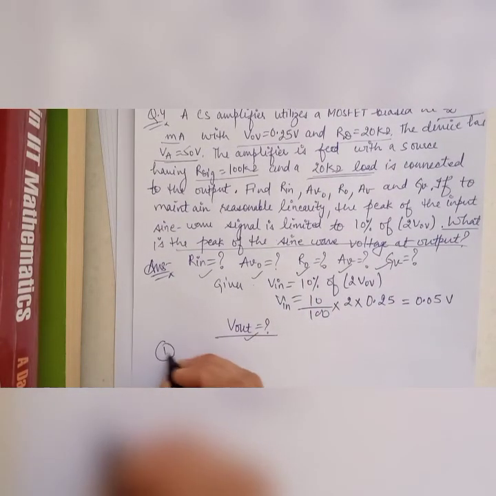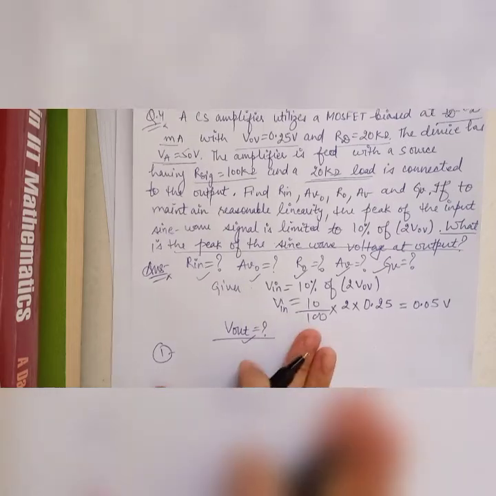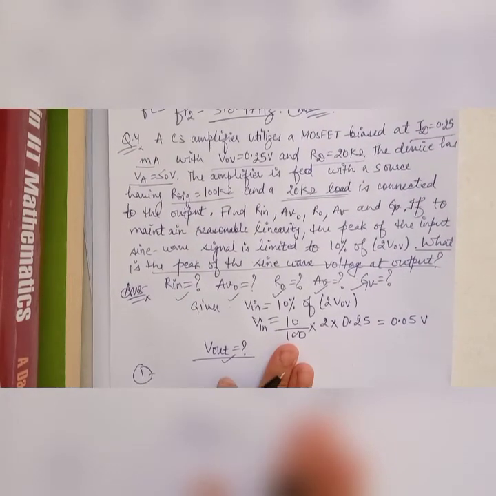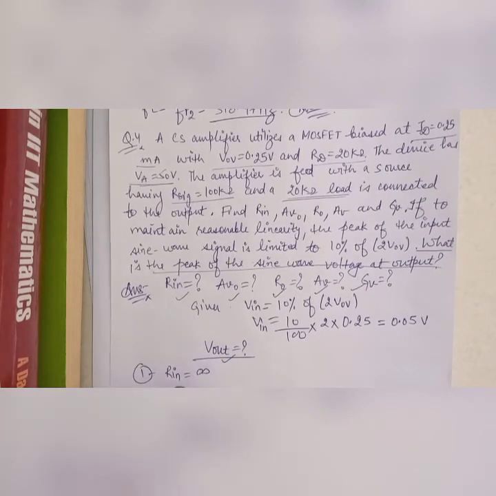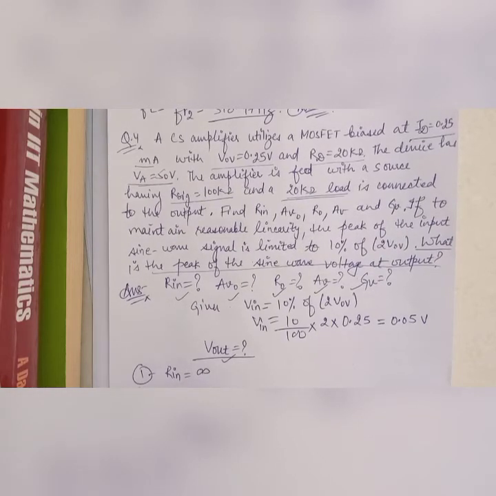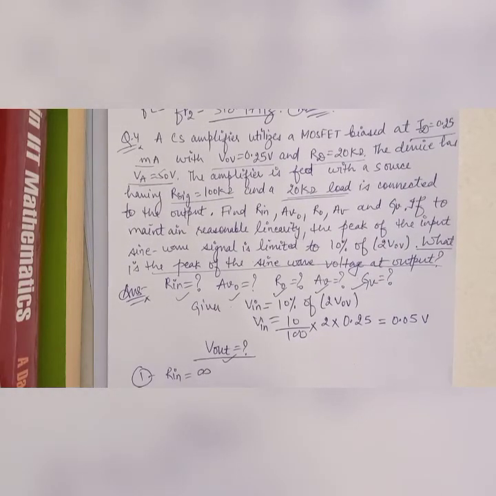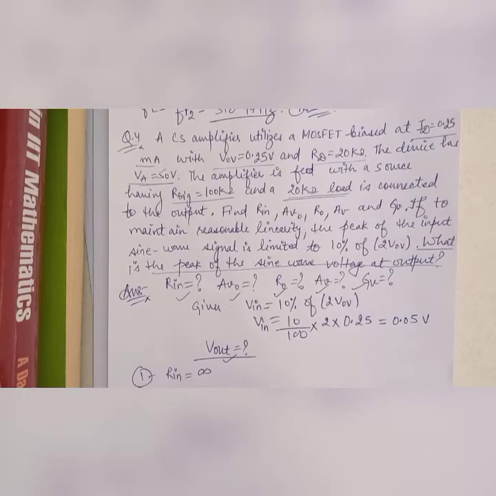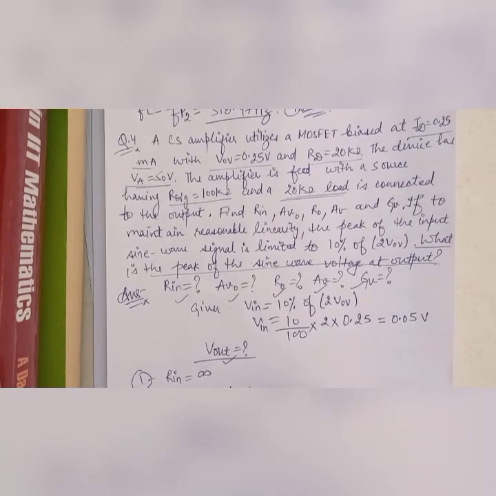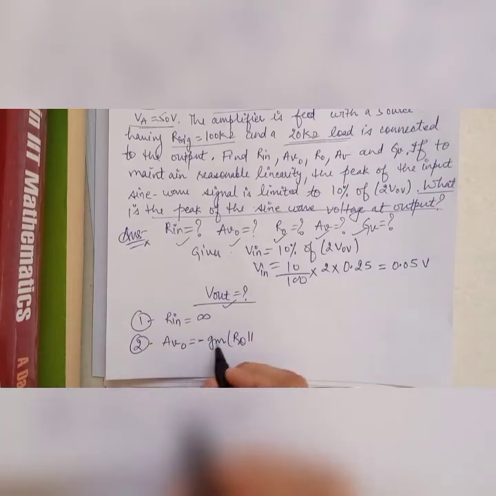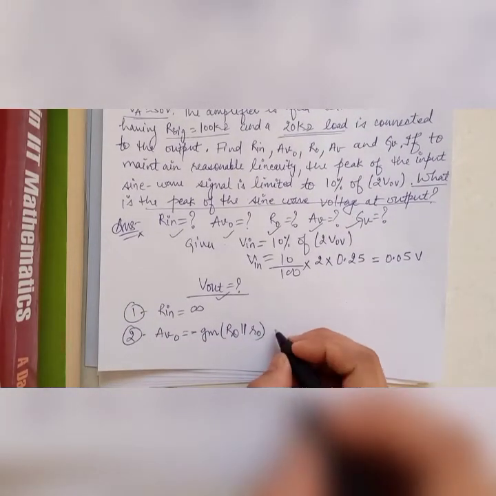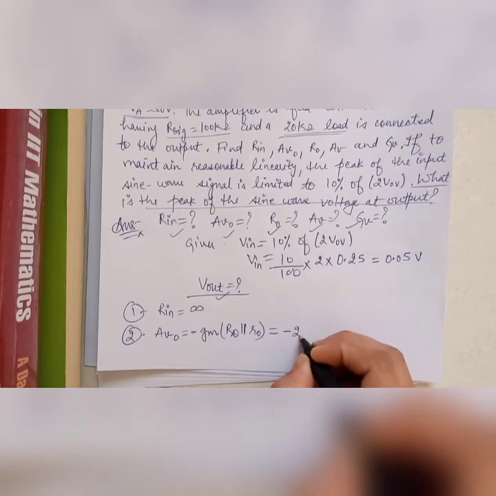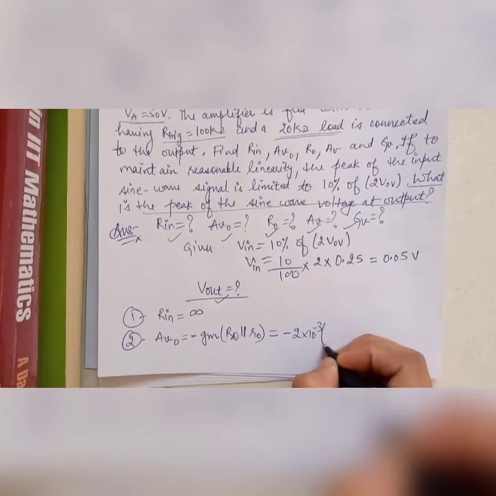Let's do that. This is a problem related to a CS amplifier without source resistance, and from the derivation we have studied, Rin should be infinite ideally. AV0, which we want to find out, we can find using the formula minus GM (RD parallel with RO). So substitute the value: minus 2 into 10 to the power minus 3.